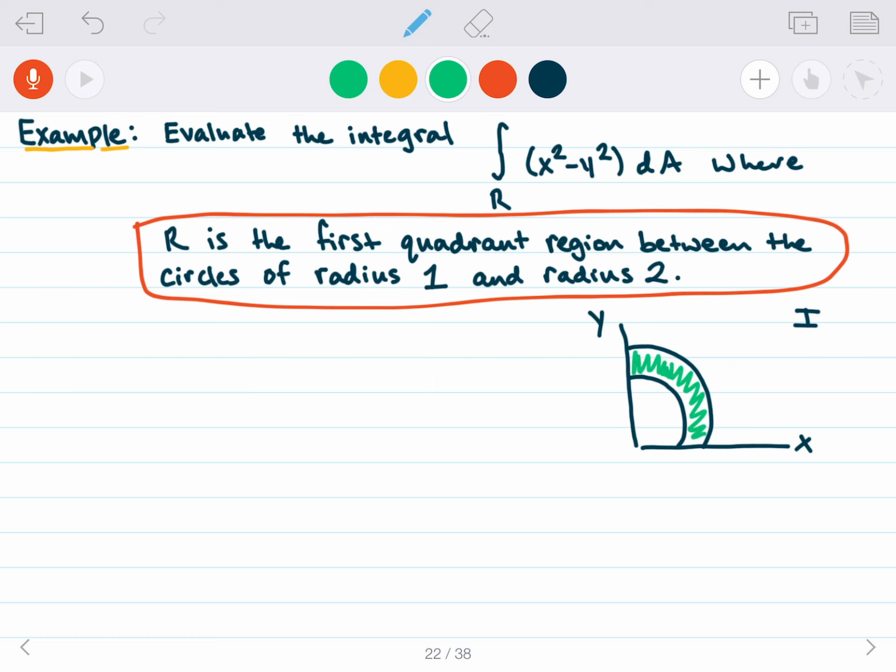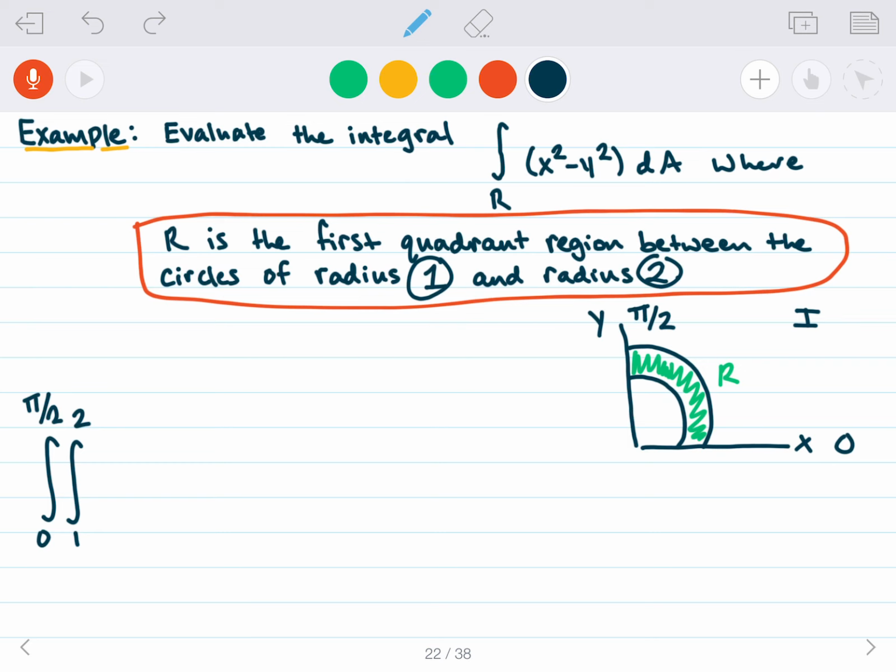All right, so now it's not too bad to set up the integral. We know what our region is, and we know what r is going to vary between. It says r is going to vary between 1 and 2. And theta, since we're in quadrant 1, starts at an angle of 0 and ends at an angle of pi over 2. Now all that's left to do is change this and the dA into polar.